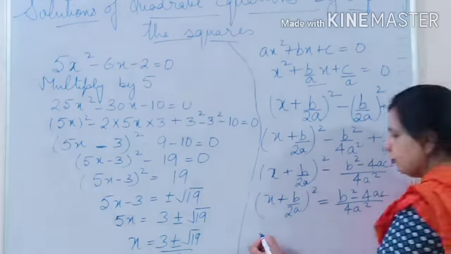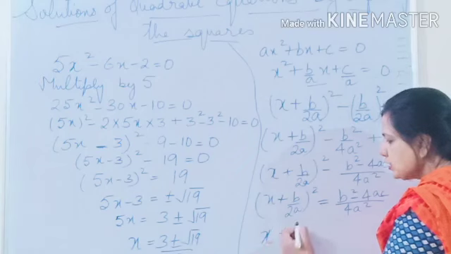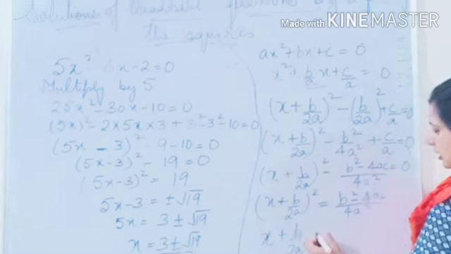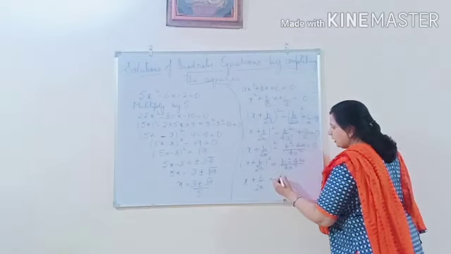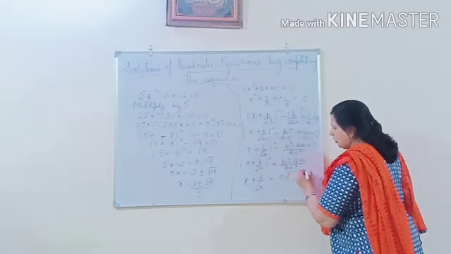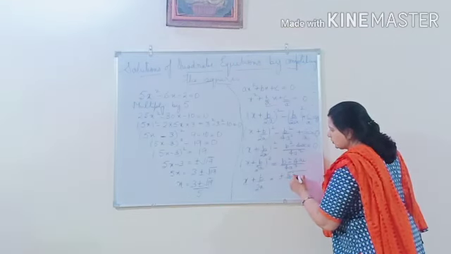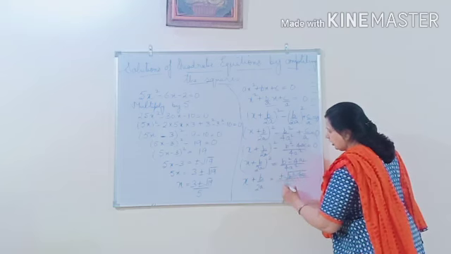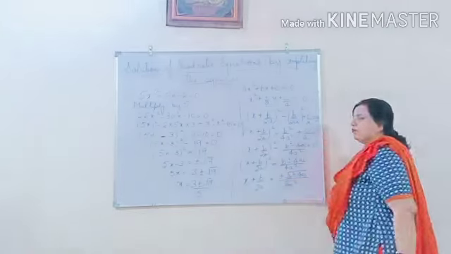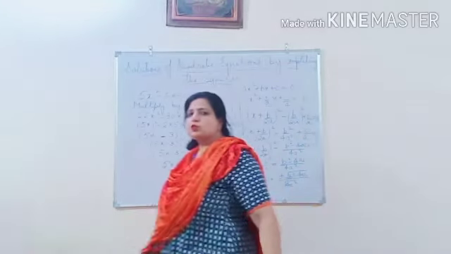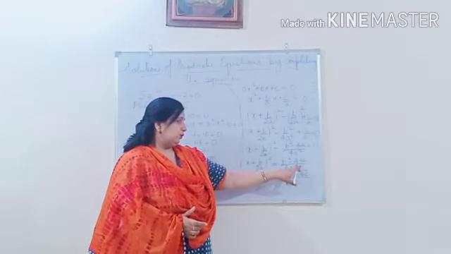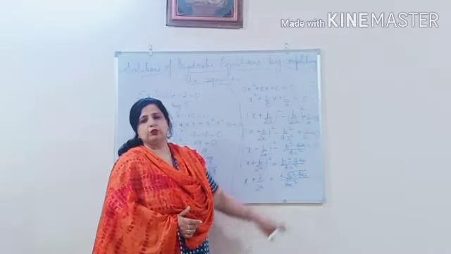When you remove this square, you will get x plus b by 2a equal to plus minus under root b square minus 4ac upon under root 4a square. Since we have removed the square from the left hand side, here we will have root.